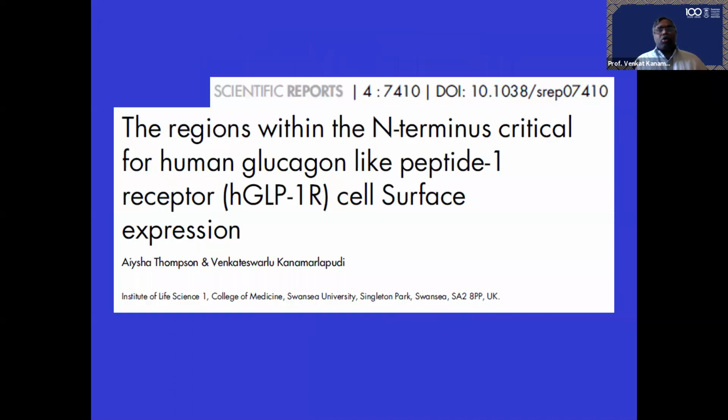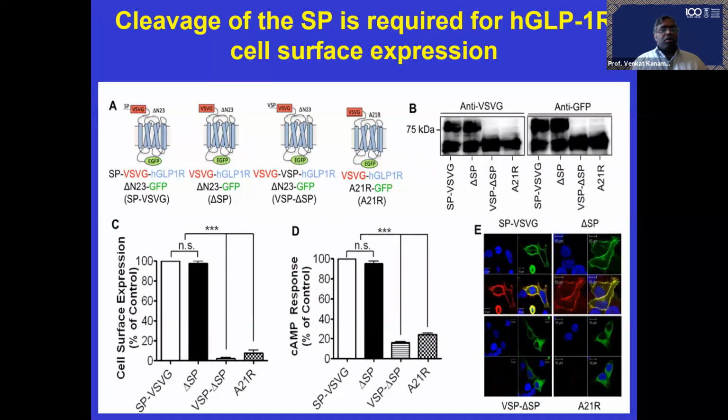What I'm going to talk about today starts with looking at the importance of the N-terminus of the receptor for surface expression of the GLP-1 receptor. Because these are cell surface receptors, they have to be localized at the plasma membrane to be functionally active. The GLP-1 receptor is a G protein coupled receptor, as I already mentioned.